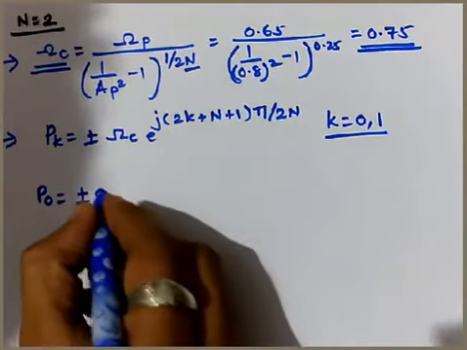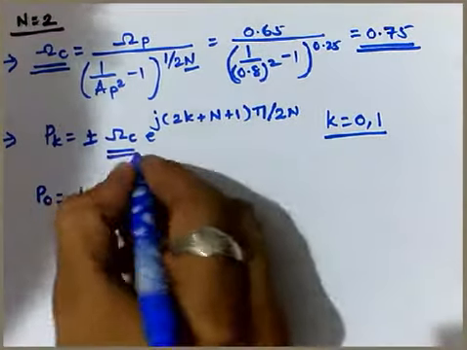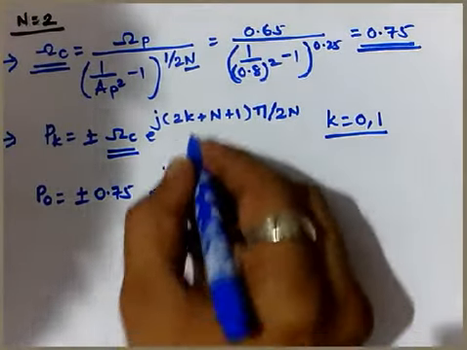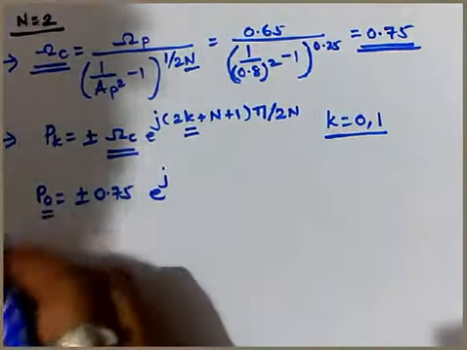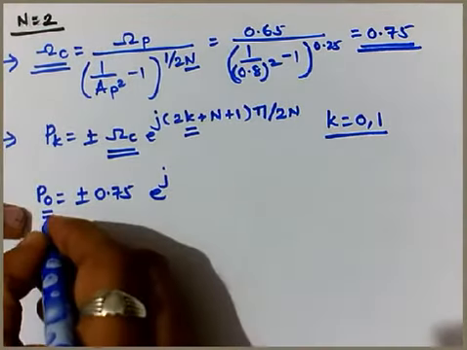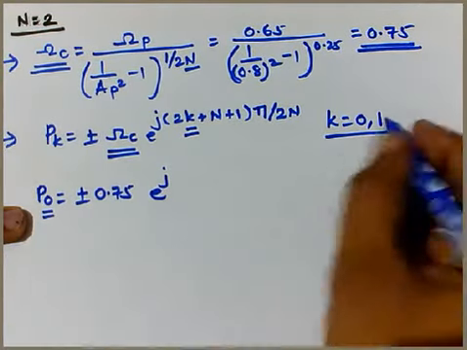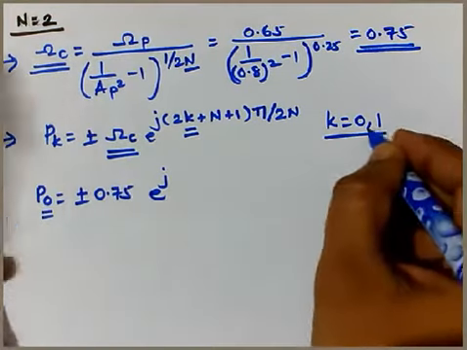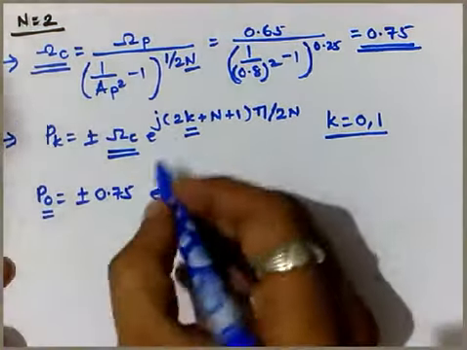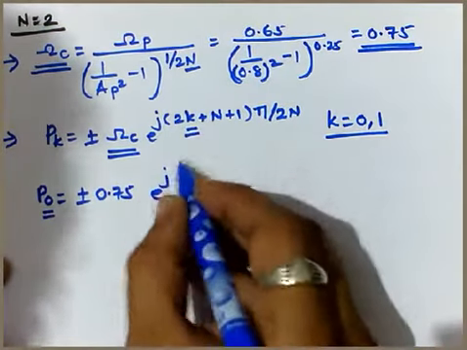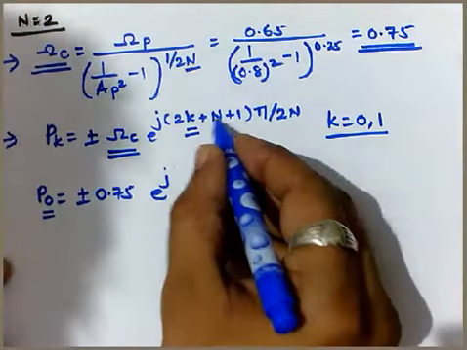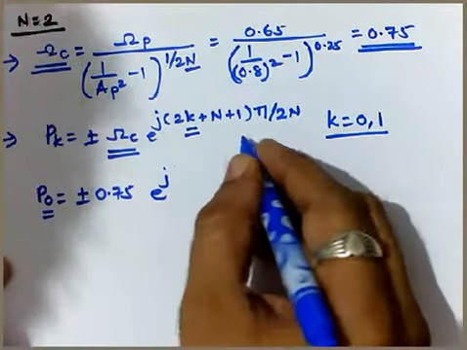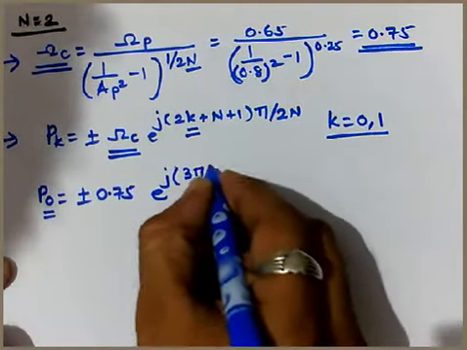It will be plus or minus 0.75 since ΩC is 0.75, e raised to j, where k is 0 for the first time, ranging from 0 to N minus 1, that is 2 minus 1, so 0 and 1. So 2 into 0 plus 2 plus 1 is 3. So 3π by 4 is the value which we got over here.